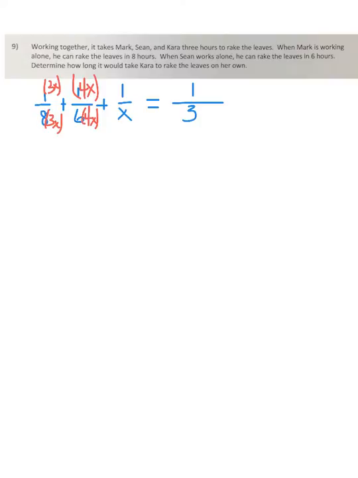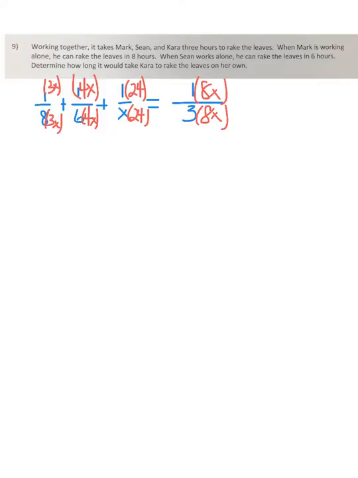My next fraction, 1/x, well, it already has the x. The only thing that's missing from that is the 24. And lastly, the 3, well, that needs to be 24x, so I need to multiply that by 8x in the numerator and the denominator.